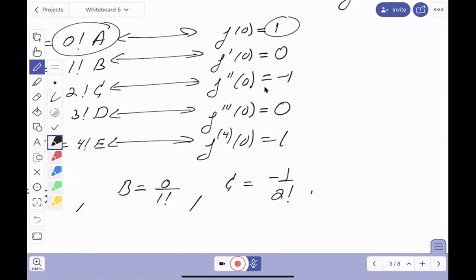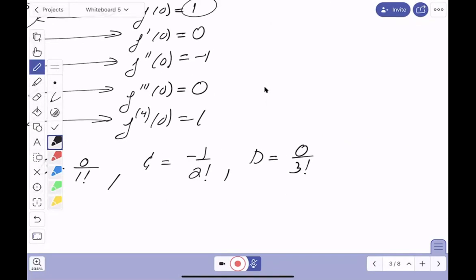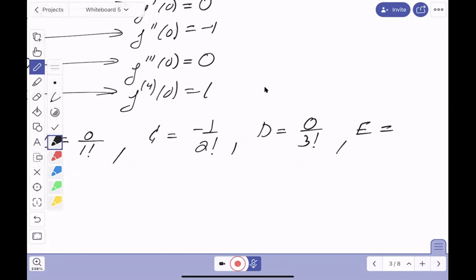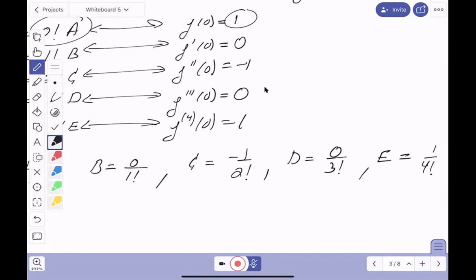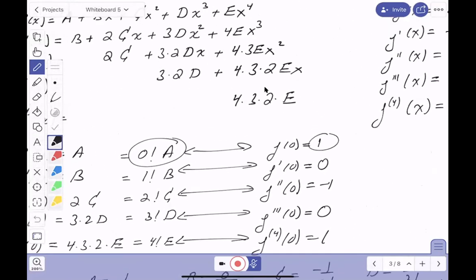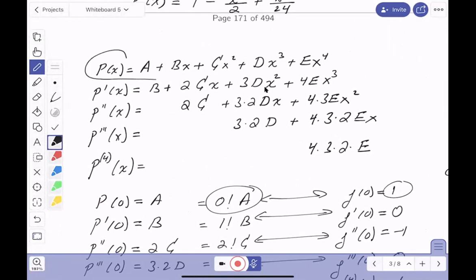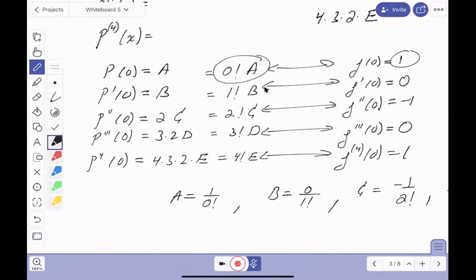All right. What's D equal to? 0 over 3 factorial. What's E going to be equal to? Well, I don't lose sight of it. It's going to be 1 over 4 factorial. All right, so someone said, I have no idea where this is going. We want to find a polynomial. Let's write it down for you.